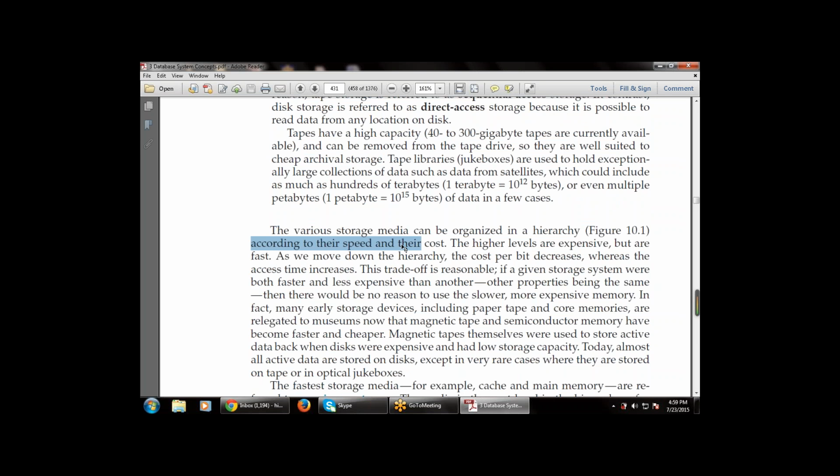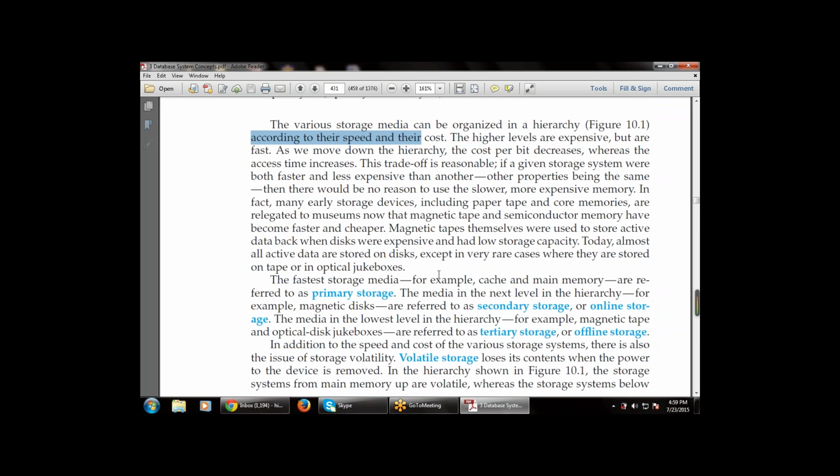The higher levels are expensive but fast. The faster storage media, for example cache and main memory, are referred to as the primary storage.